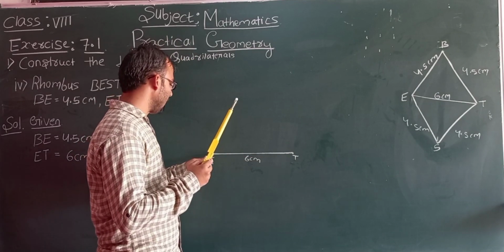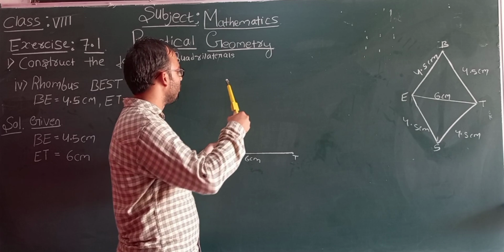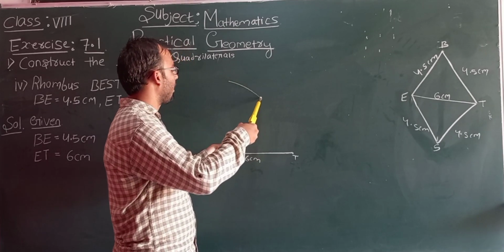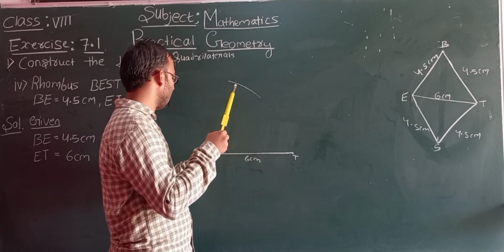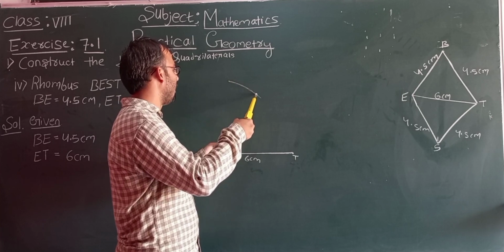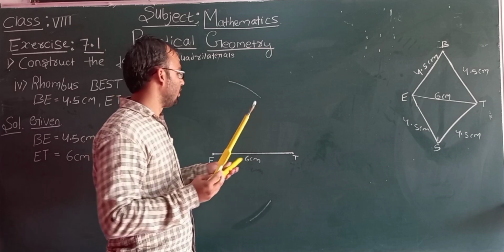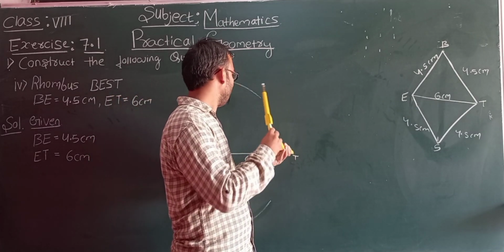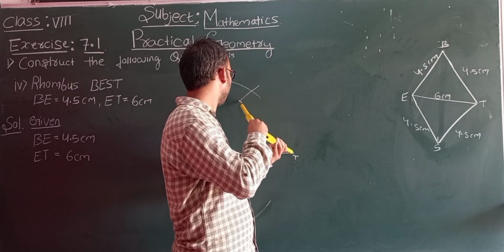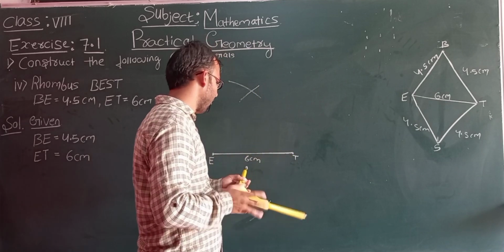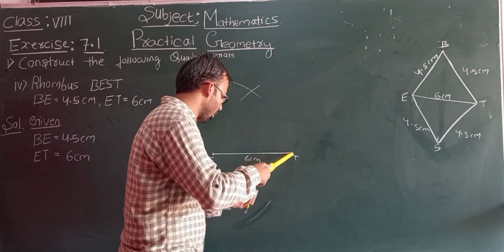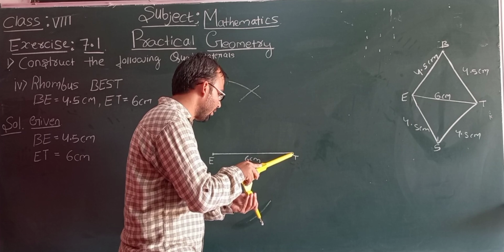Now with E as center, mark the arc, here and here also. Again from the other end, from here to here.